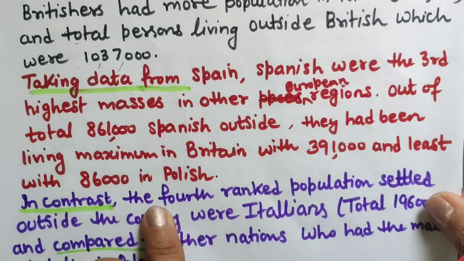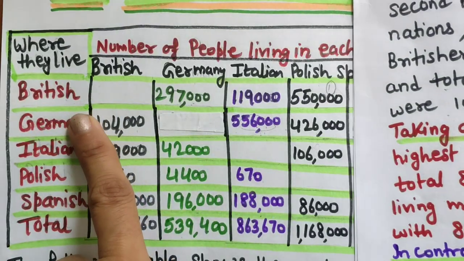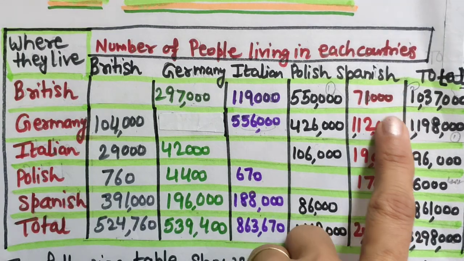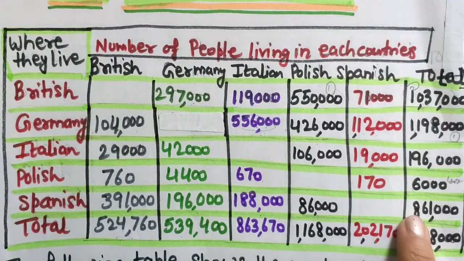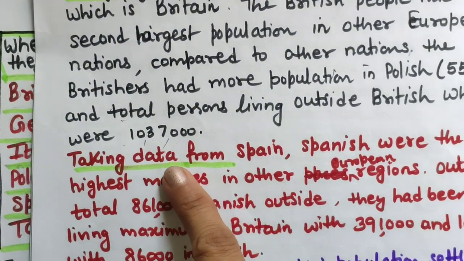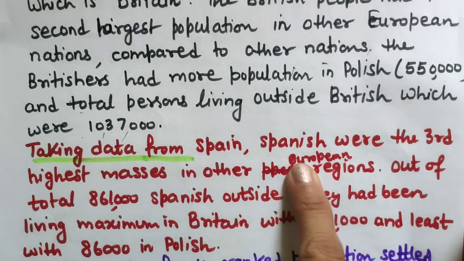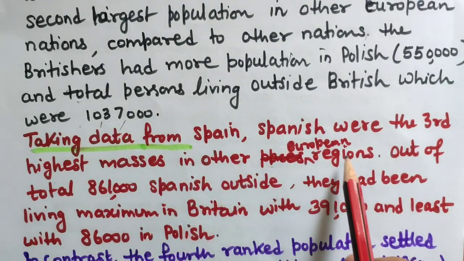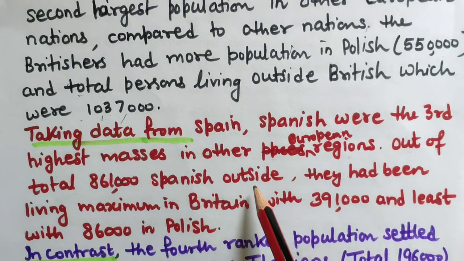Now Italian is here taking data from Spain, because after Britain, see this, first is Germany, second is Britain, and third one is Spanish. That's why I have now taken Spanish, taking data from Spain. Spanish people, also you can write Spanish were the third highest masses in other European regions out of a total of 8,61,000 Spanish outside.